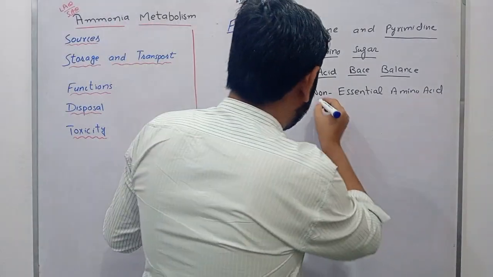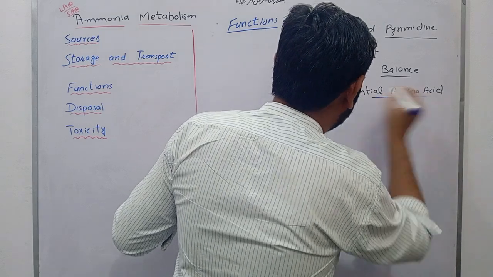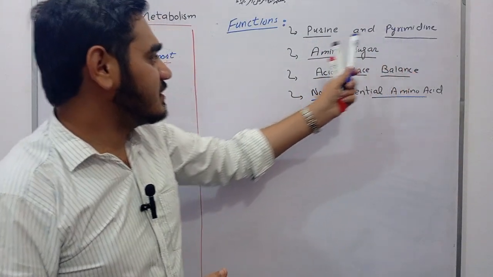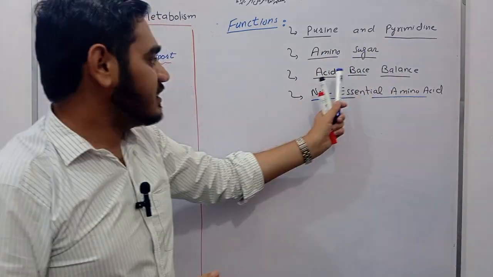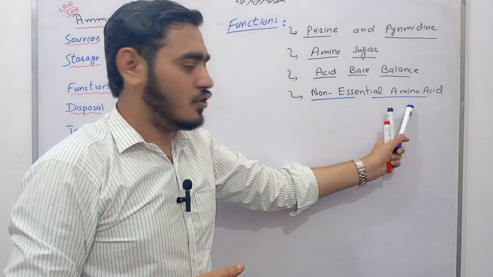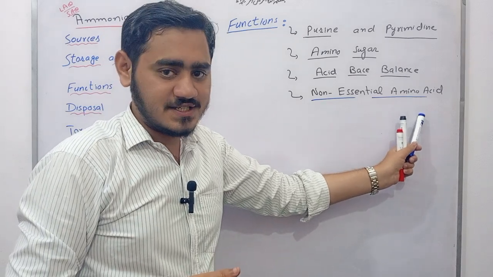So these are the functions of ammonia: purine and pyrimidine synthesis, amino sugar synthesis, acid-base balance mechanism, and synthesis of non-essential amino acids.